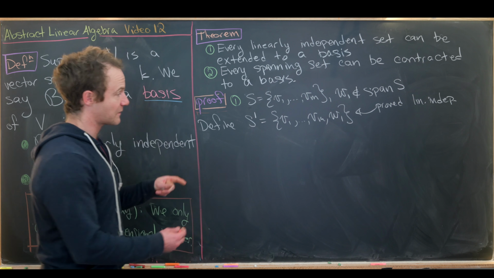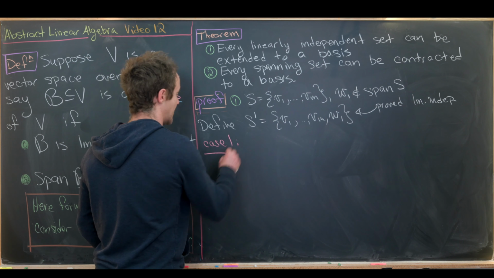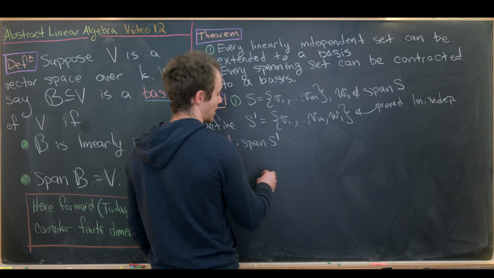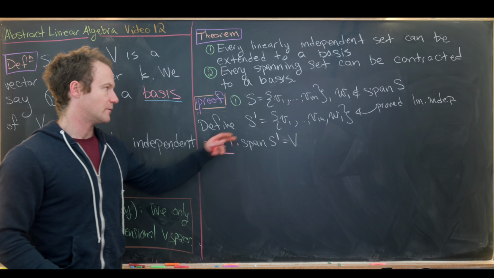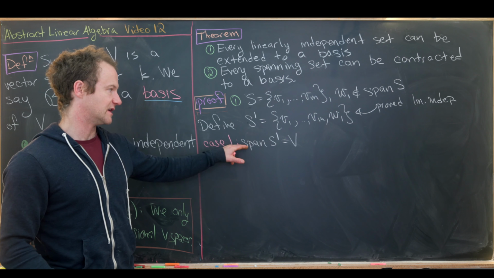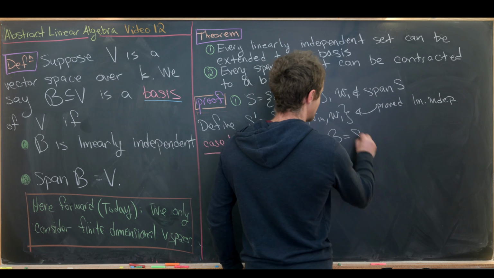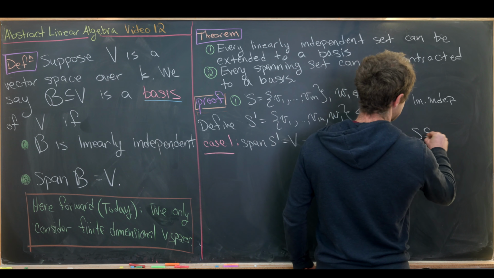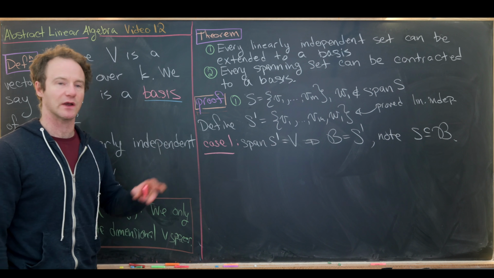Now we're going to repeat the process on S prime. So let's do case 1 on S prime, which is the span of S prime equals the whole vector space. But we have up here that it's linearly independent. If it spans the whole vector space, then we can set our basis equal to S prime, and we'll note that S is most definitely a subset of S prime, which is the basis, and we're done.